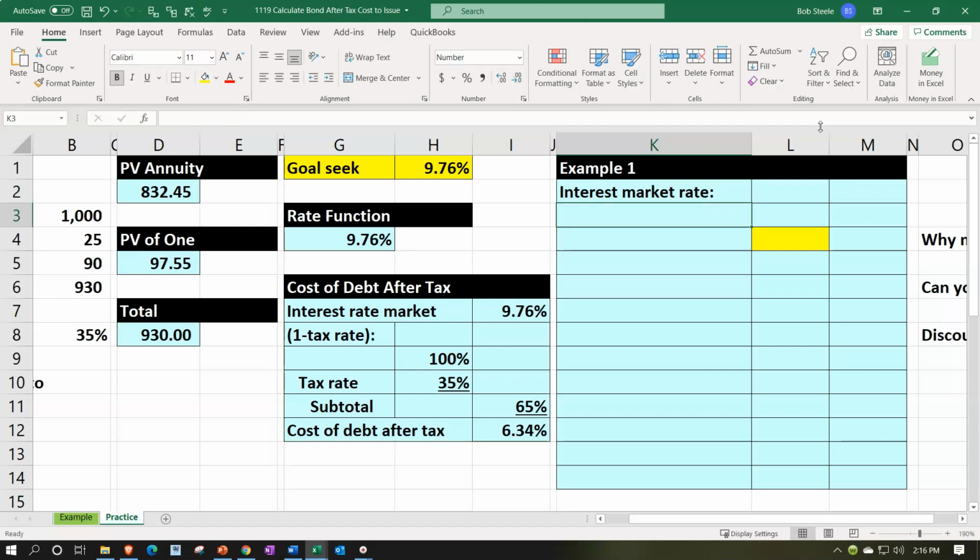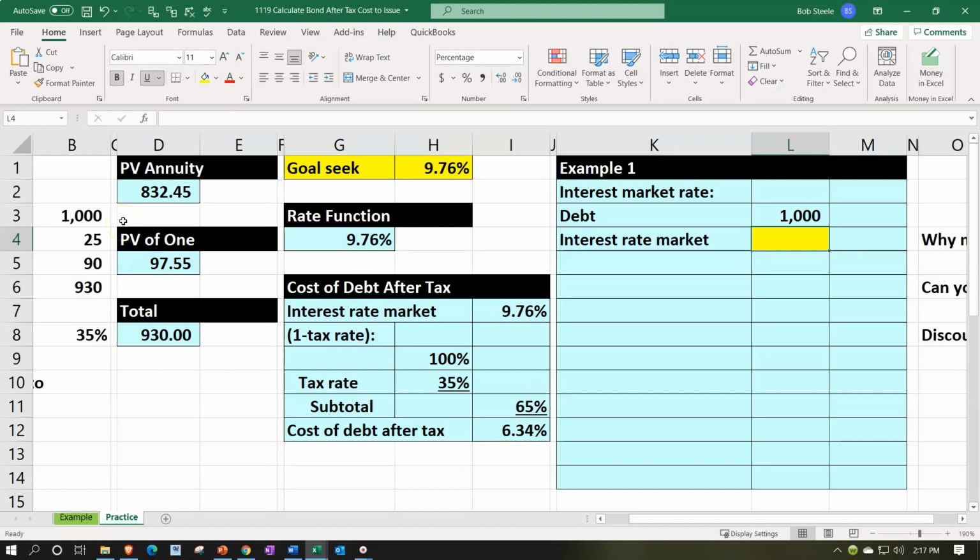This is where the confusion lies, because the debt of 1,000 is going to be the face of the bond that would be owed at maturity, and then the interest rate would be the market rate. And again, you would think, why isn't it 90 divided by 1,000, the rate on the bond?